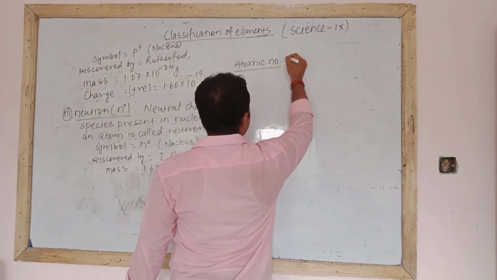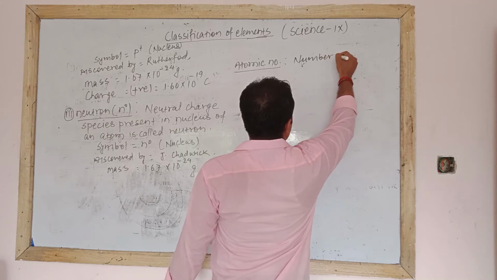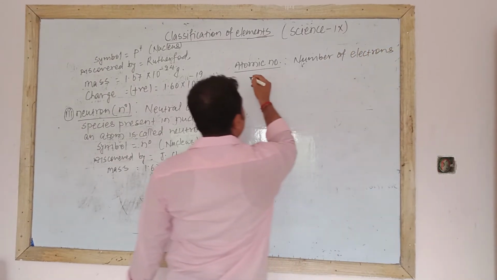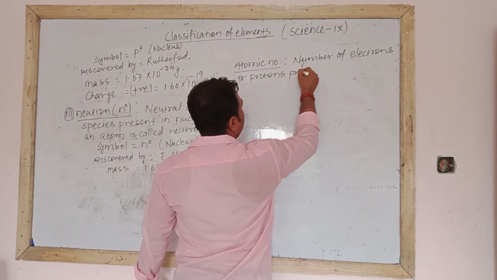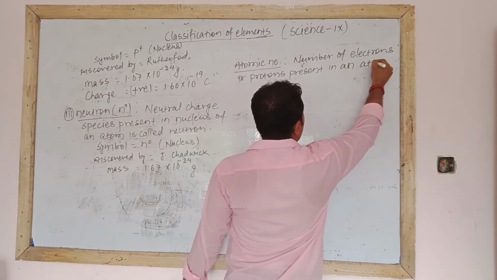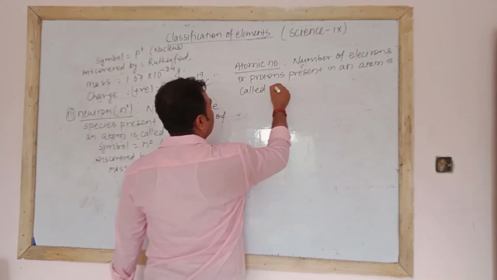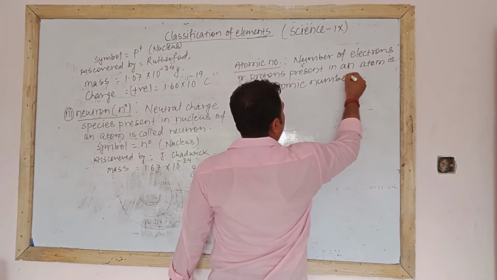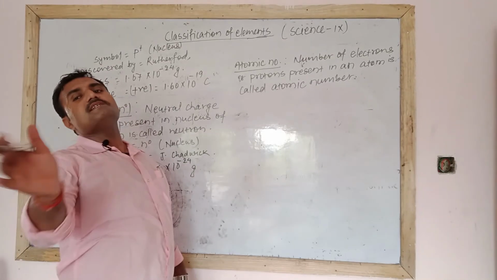The number of electrons or protons present in an atom is called the atomic number. In any atom, the number of electrons and protons remains equal.